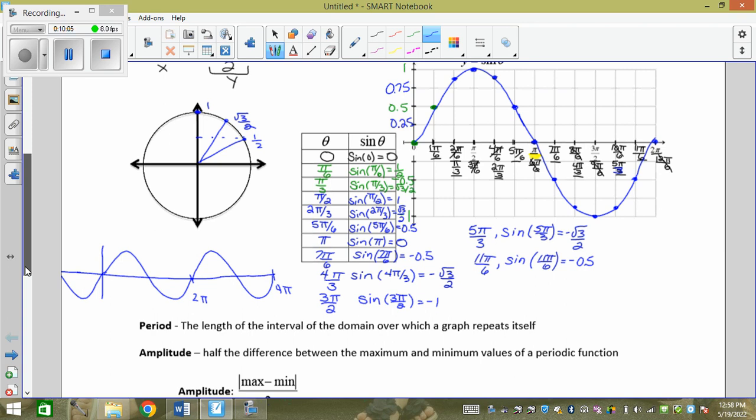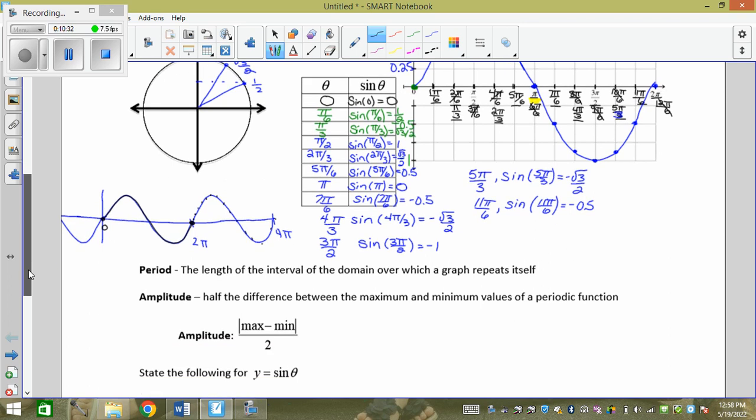So how long did it take to repeat itself? 2 pi. It takes 2 pi to repeat itself because if I start at 0, I go past a max, past a min, back up to 0, and then what happens after 2 pi? Just a stamped version. I could just do a stamp and a stamp and a stamp of the sine, and it would just keep going, right? So here it says, period, the length of the interval of the domain over which the graph repeats itself.